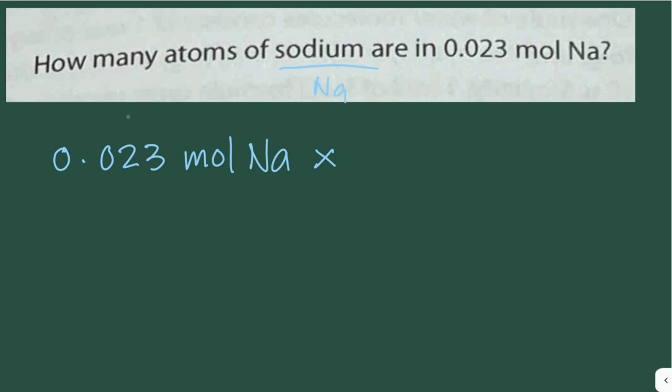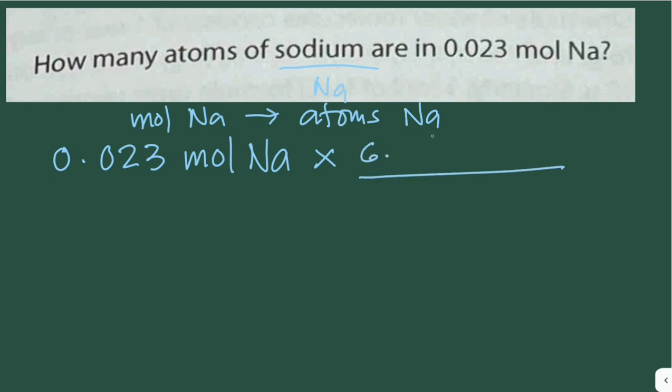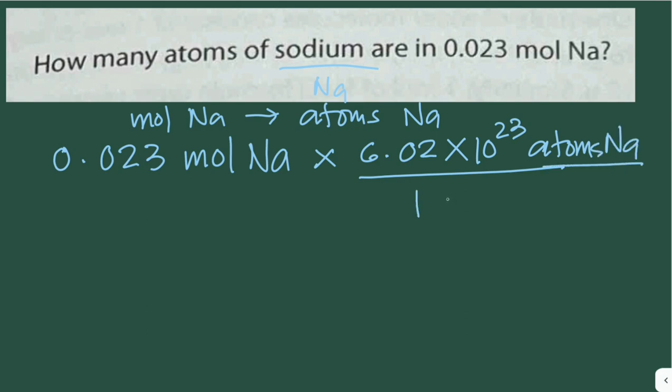So that would be mole Na to atoms Na. Again, we multiply this by the conversion factor, by the Avogadro's number, 6.02 times 10 to the 23rd atoms sodium per mole sodium.